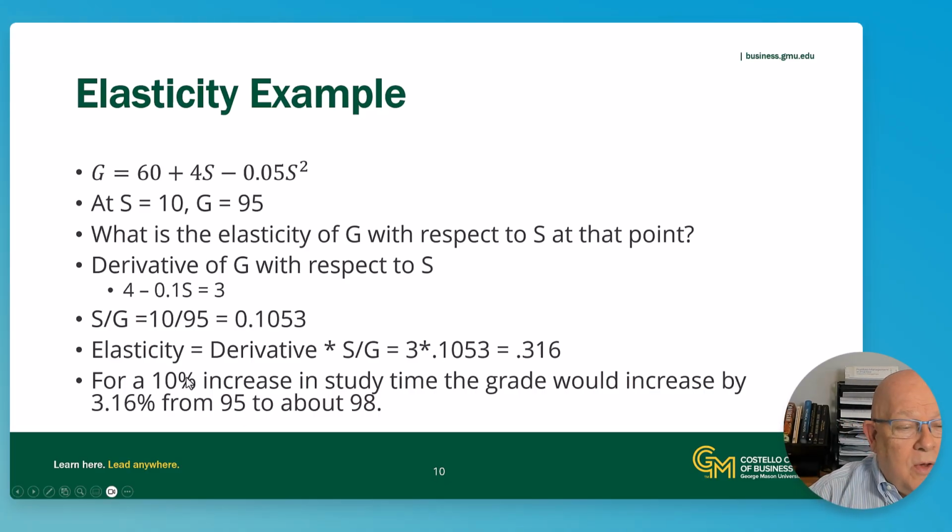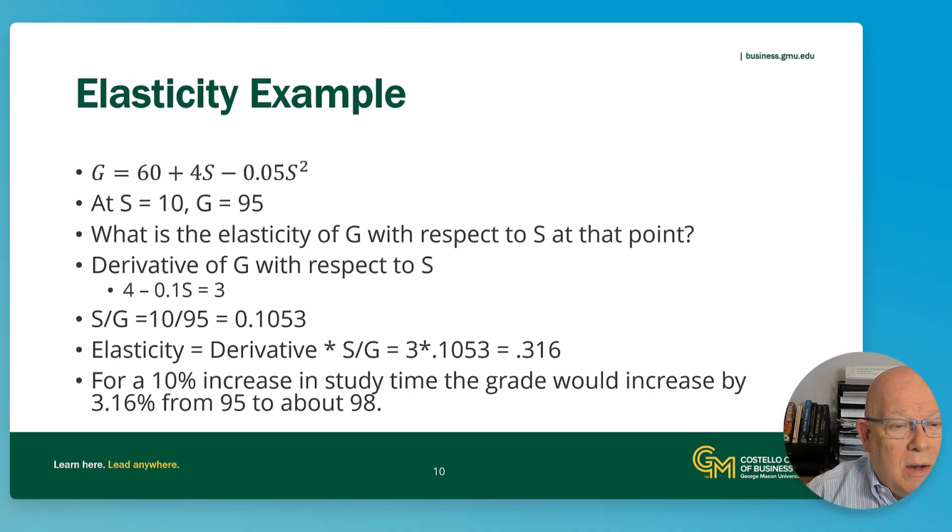So for a 10% increase in study time, we multiply that by 0.316, we would get a 3.16% increase in the grade, which would take the grade from 95 to about 98. So while the study hours are increasing 10%, the grade is only increasing by 3%, but we were already at a fairly high grade already, so the elasticity is not that large in this particular example, okay?